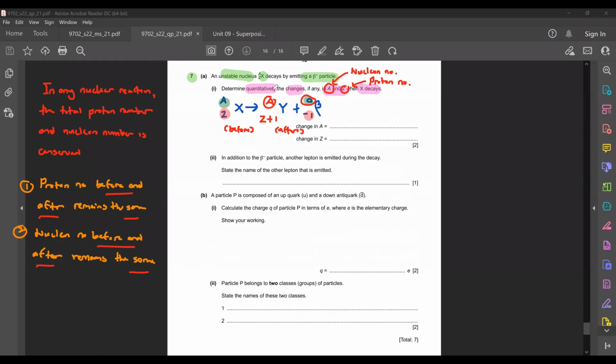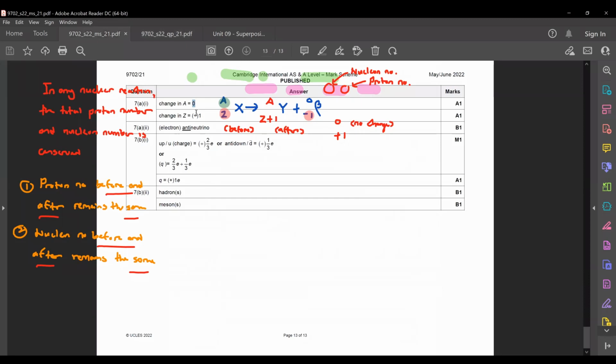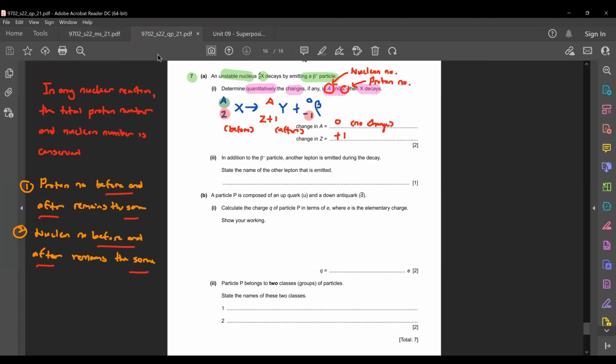Okay, so right now, if we ask you, what are the changes in A, is actually 0. No change. But what about the change in Z? It will be plus 1. Okay, so let's check the answer. Change in A is 0, change in Z is plus 1.